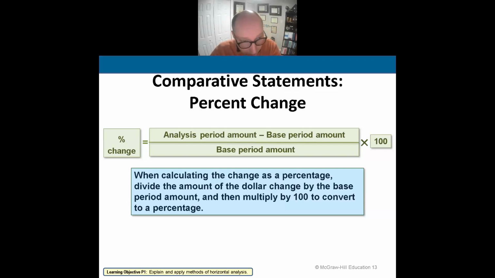So I go $200,000 divided by $800,000 equals 0.25. If I multiply that by 100, that gets me 25%. So in other words, my sales increased by 25% from last year.